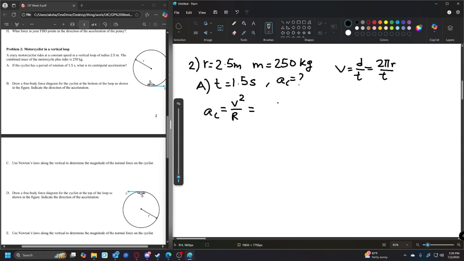And so our acceleration becomes 4 pi squared r, just r, because that gets cancelled, divided by T squared. And then plugging in the values, we have 2.5 for r, 1.5 for T. You should get a value of around 43.9 meters per second squared.